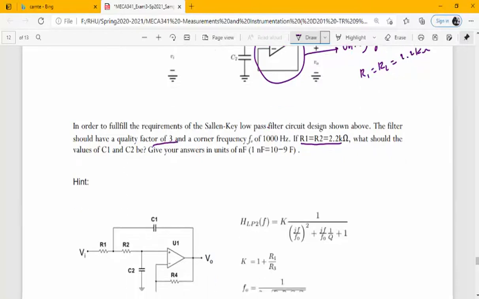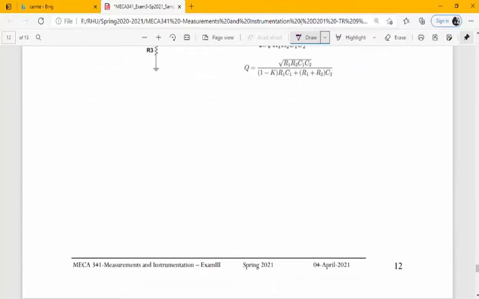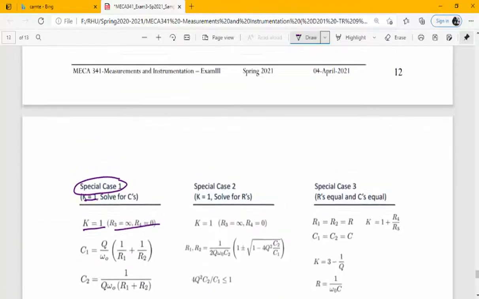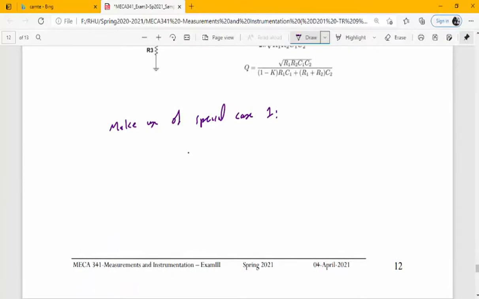So C1, let's make use of special case 1. You have C1 equal to Q over omega 0, the corner frequency or cutoff frequency, times 1 over R1 plus 1 over R2. All of those are given to you.